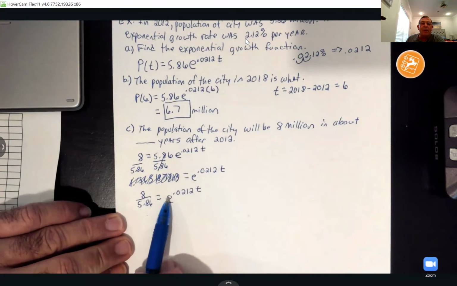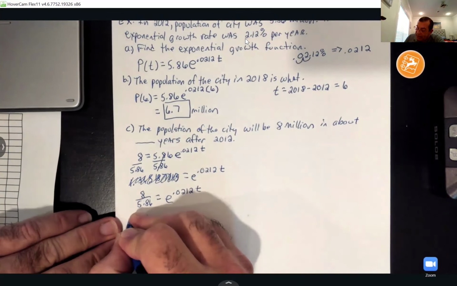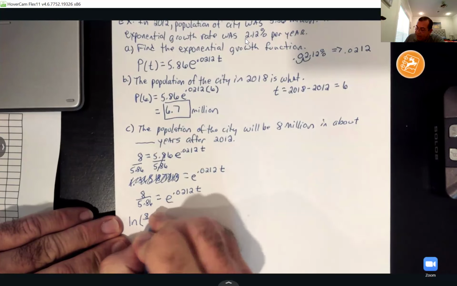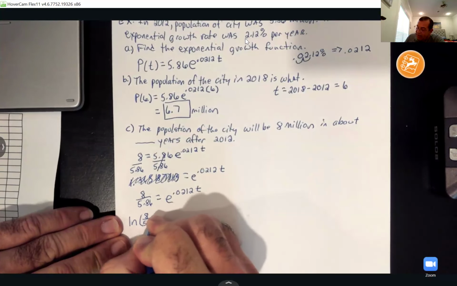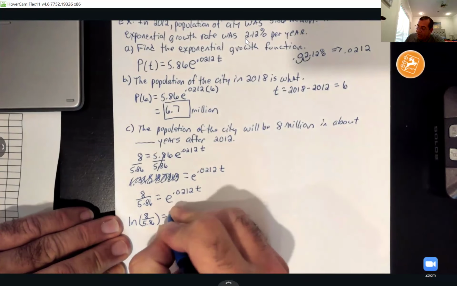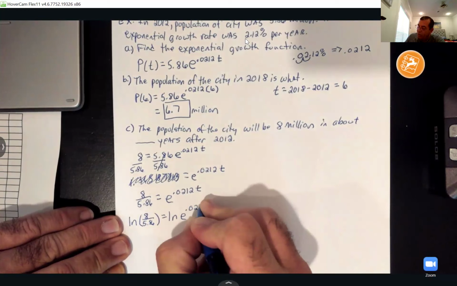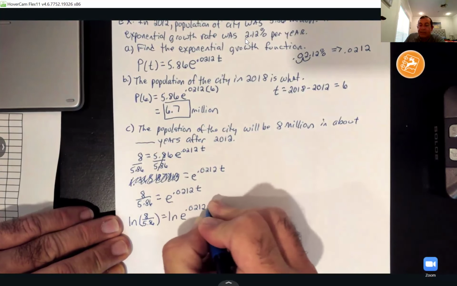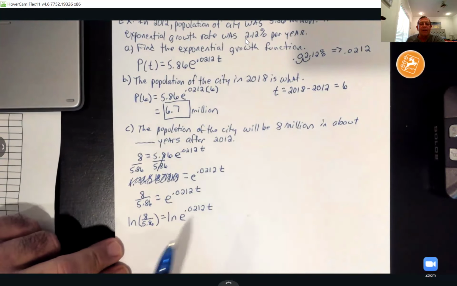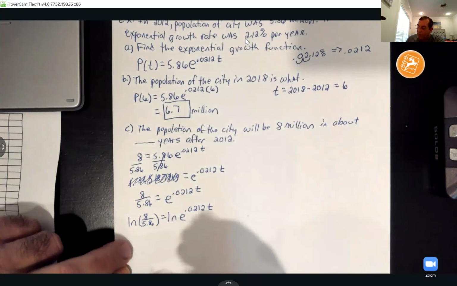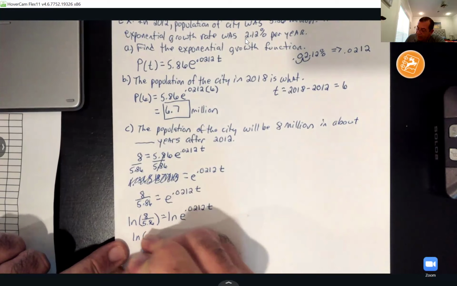All right, to bring the exponent down, we need to do the ln like I said. So we'll have the ln of 8 divided by 5.86 equal to ln of e to the 0.0212 t. Now, can't do nothing on the left side at the moment, so I'm bringing that down.